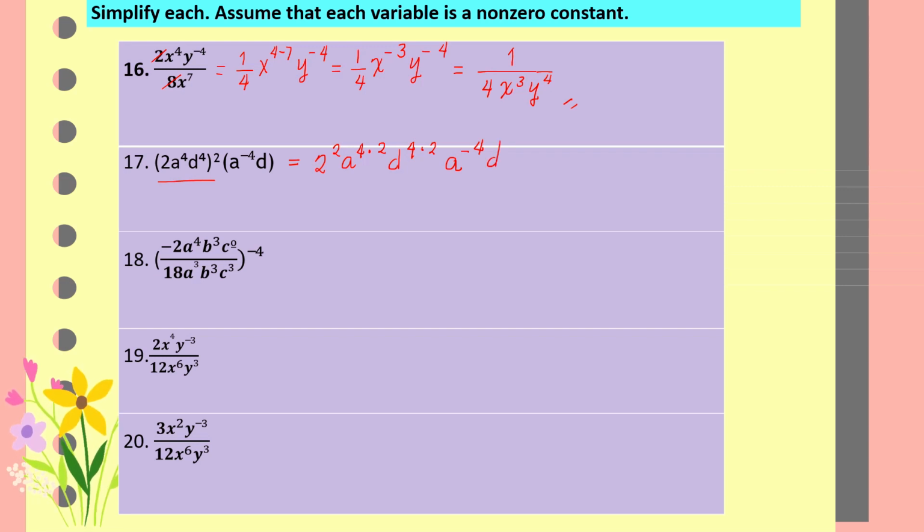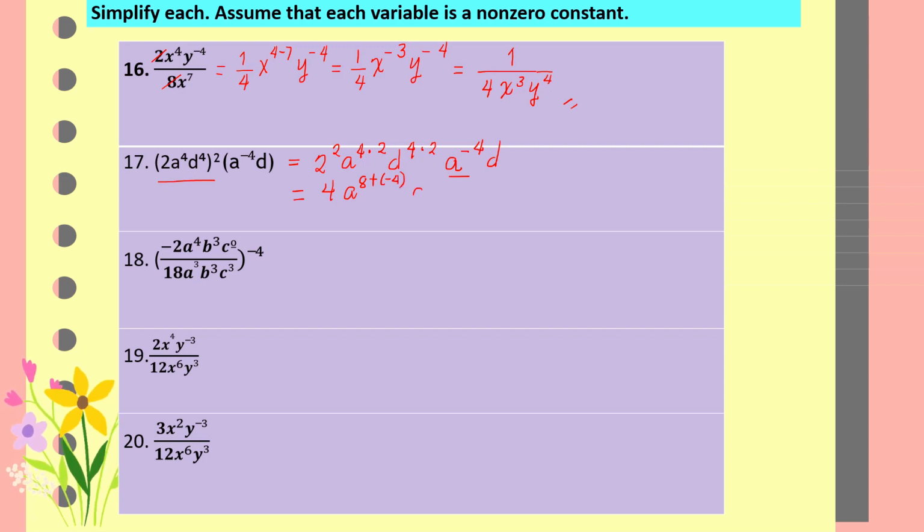Now, let us simplify by applying the product rule. 2 raised to 2 is 4, and then a raised to 4 times 2 is 8. So, 4 times 2 is 8, and then we have another value of a, so we will add the negative 4 exponent.